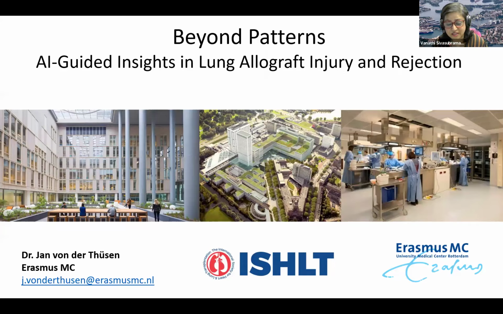And I know that he will actually be taking over as the head in January 2027, so congratulations. Jan was trained in the UK and the Netherlands, and his research focuses on neoplastic and non-neoplastic thoracic diseases, with a particular interest in integrated computational and molecular pathology to advance personalized medicine.